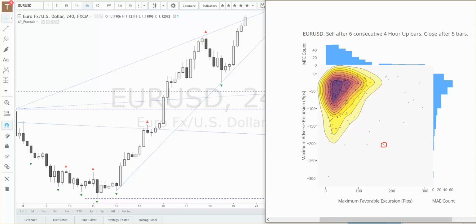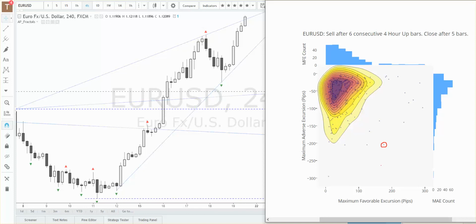And then another almost maybe 180 pip move in our favor. Now I don't know which one came first. By looking at this, it's impossible to tell, so maybe the 180 pip move came first, then the 200 pip move came second. But that's basically what this means: within a 20-hour window, it gives you what the maximum drawdown was and what the maximum number of pips in your favor was.